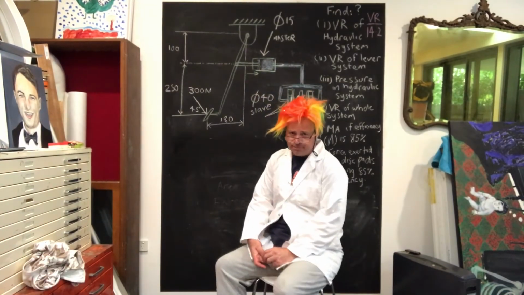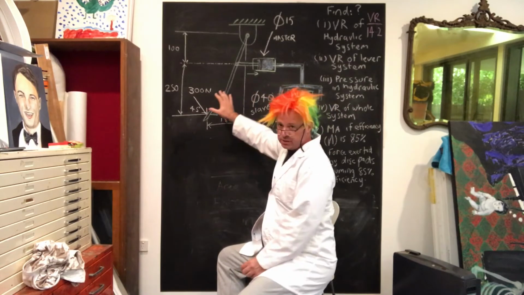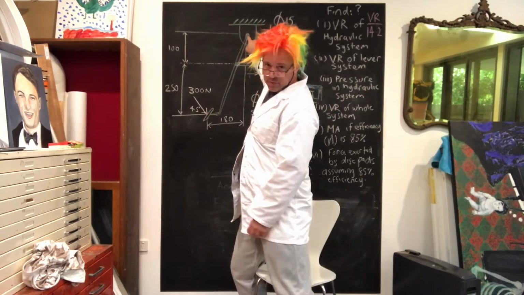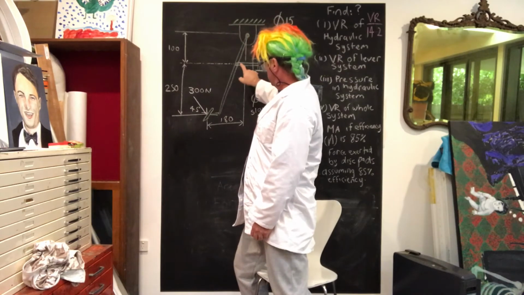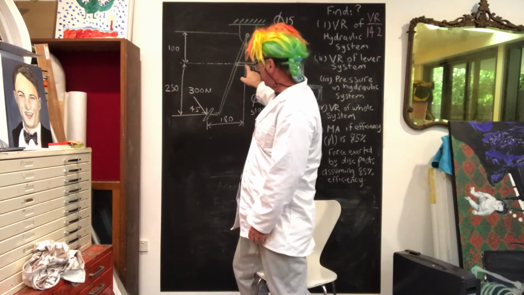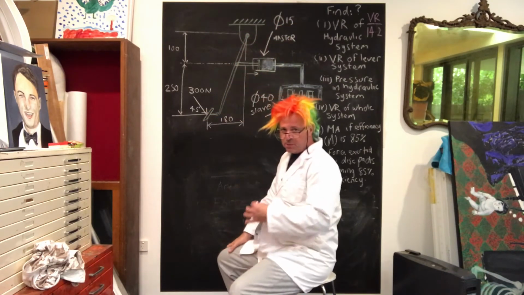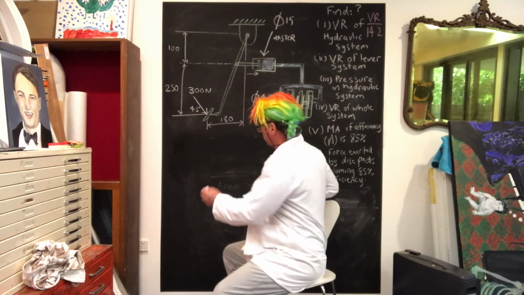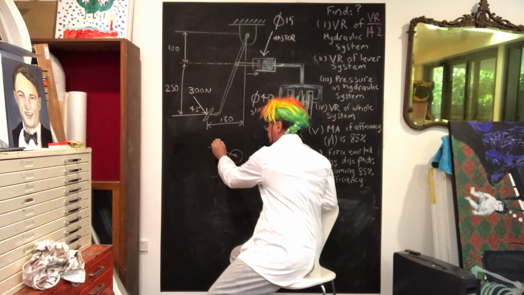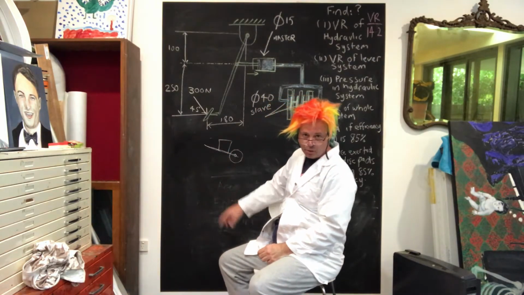Okay folks, now we're going to work out our velocity ratio for our lever system over here. And you can see we've got a pivot at the top here, and our load, where the force is being generated, is in the middle, and our effort's happening at the end. So you should have studied your levers hopefully by now, and you'll know that you've got your load in the middle, that this is like a wheelbarrow.